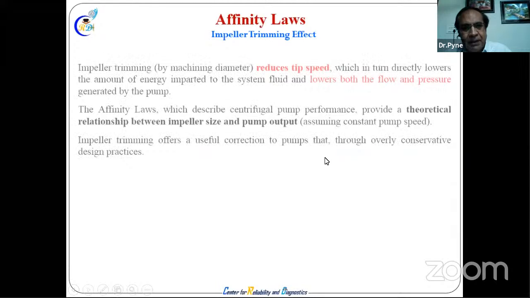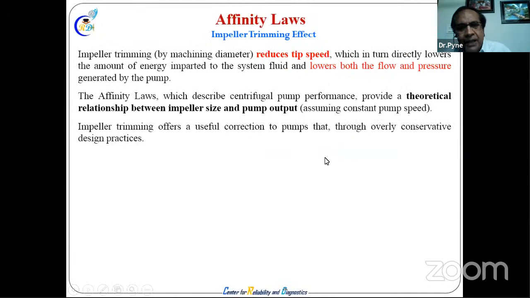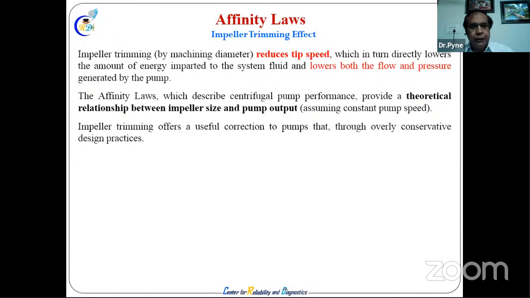Impeller trimming is very rampant in industry, and people do it very easily. You have purchased an impeller of 500 mm, and you want to make it some 400 mm, within the flow requirement. Then you can do impeller trimming, which is very important.